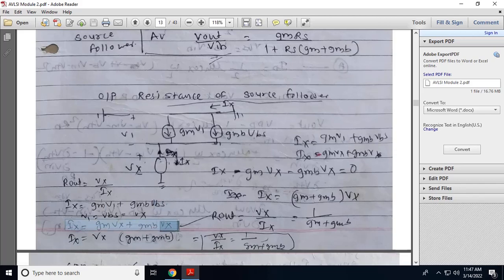So Ix is equal to GM into Vx plus GMB Vx. You can take Vx common. So Ix is equal to Vx multiplied by GM plus GMB, and Vx by Ix is equal to 1 upon GM plus GMB, and that is the output resistance for a source follower, that is 1 upon GM plus GMB.